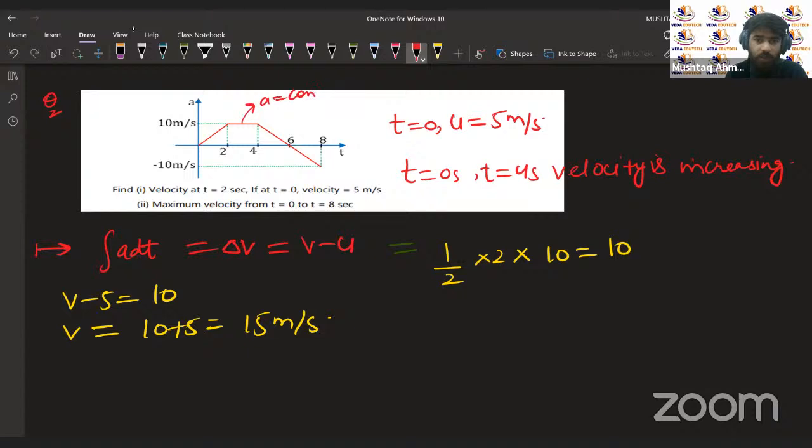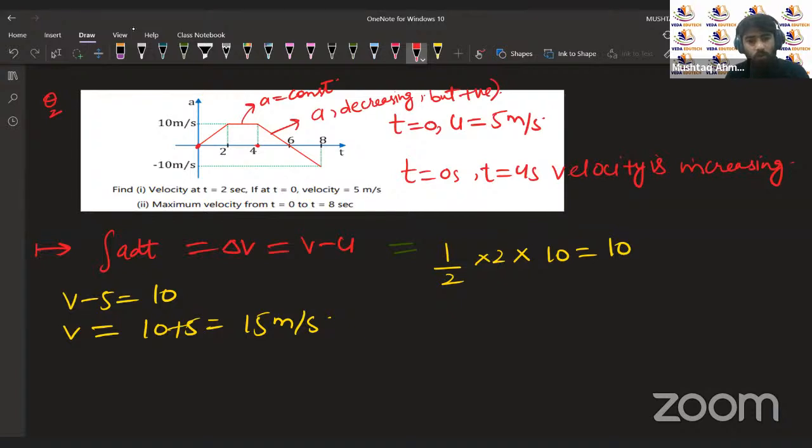So if the velocity is increasing during the interval 0 to 4 seconds, and then the acceleration is decreasing, but positive, right?